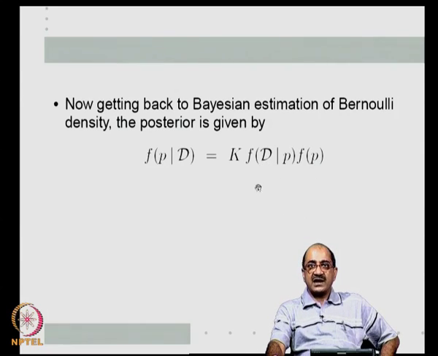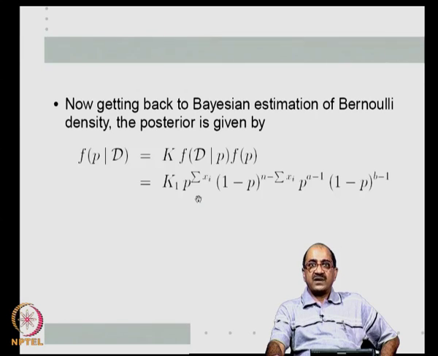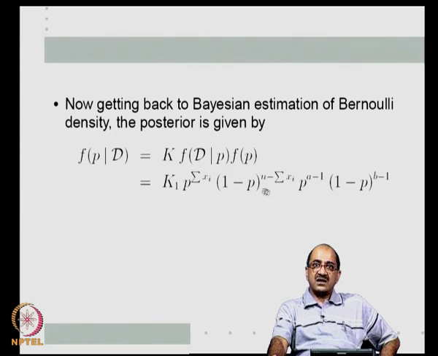This we already calculated earlier. So, forgetting about the constants, I change the constant k to k1. f of d given p was seen to be p to the power summation x i, 1 minus p to the power n minus summation x i, and we have taken the prior to be beta. So, p to the power a minus 1, 1 minus p to the power b minus 1. The constant that comes in beta is subsumed into this, that is why that k has been changed to k1.